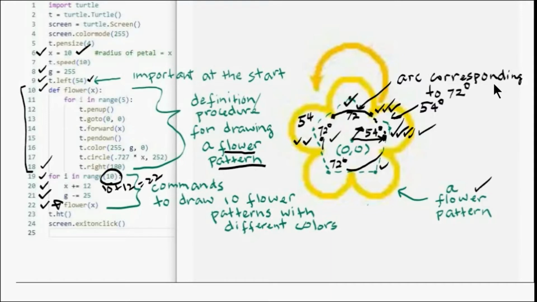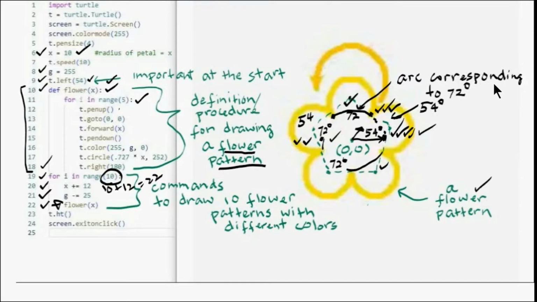Okay, let me start now. Remember that I have already turned my turtle 54 degrees to the left in line number 9. Then when we call the function flower x, we go to number 10. I am going to draw 5 petals.